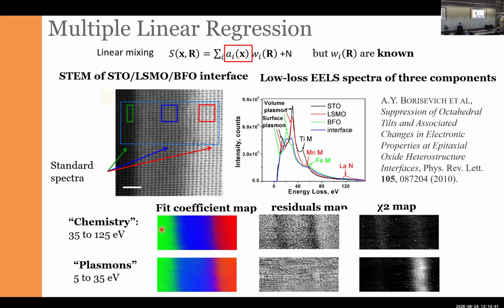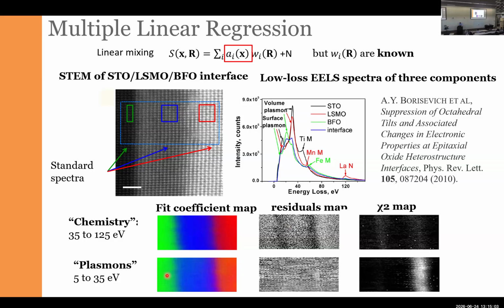And what's very interesting is that once you have three components, it's always convenient to represent the results as the combination of red, green, and blue. So you can see that if we do this fit and find the fitting map, we have fairly uniform fields and we don't have much error signal.